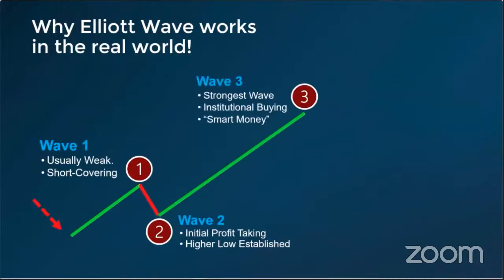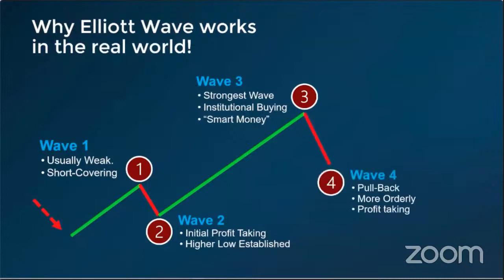And then we start the next impulse move. And specifically, once that wave 1 high is taken out, institutional buying, what they call the smart money, the professional traders, if you will. And wave 3, because of this institutional volume and institutional power, is the strongest of all the waves. At some point in time, those institutions want to take a little bit of money off the table.